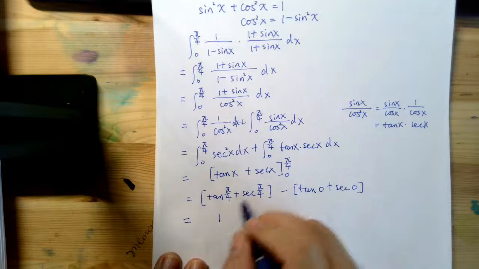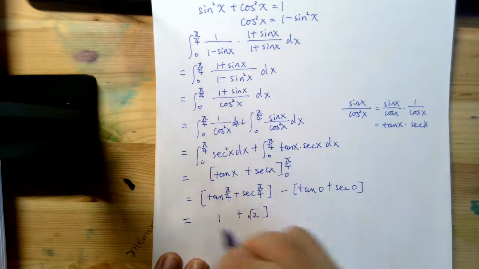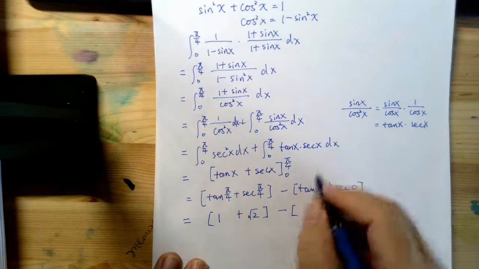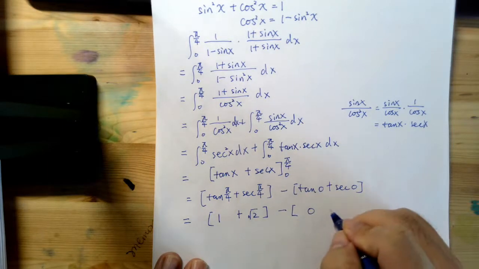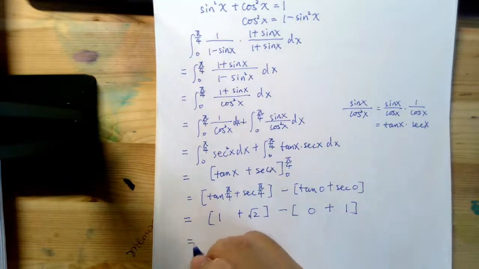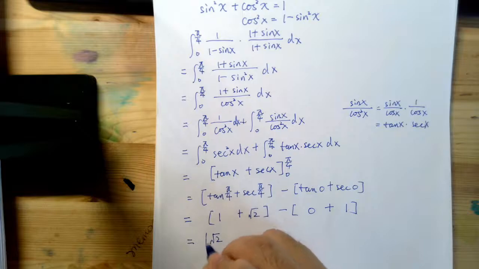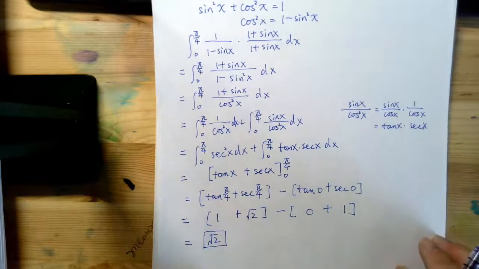Tan pi over 4 is 1, secant pi over 4 is square root of 2, tan 0 is 0, and secant 0 is 1. The final answer for this is square root of 2.